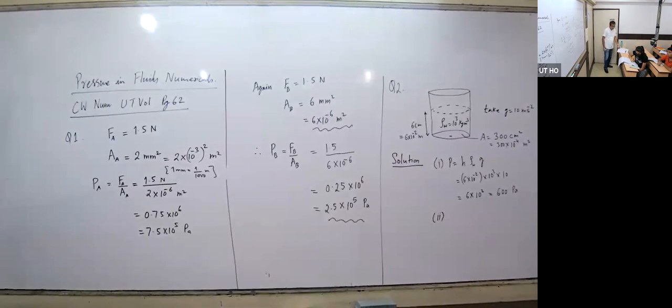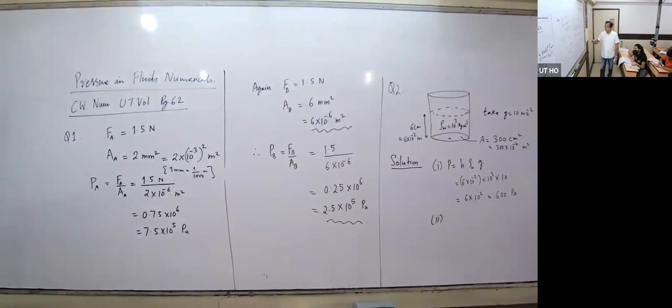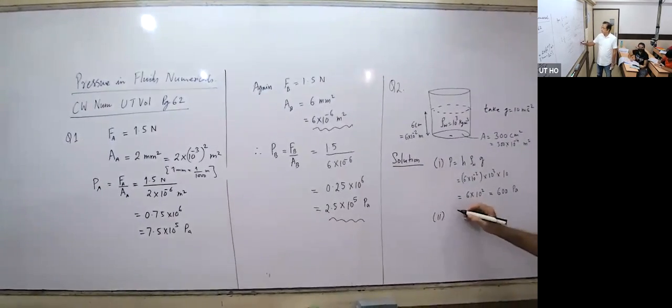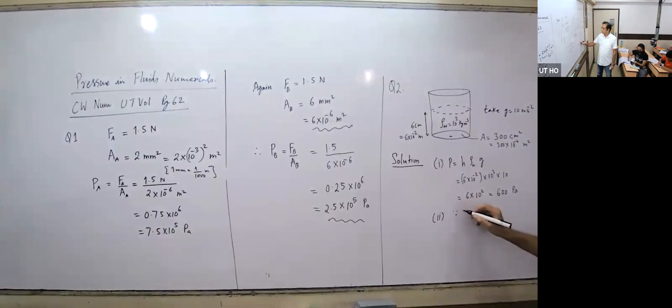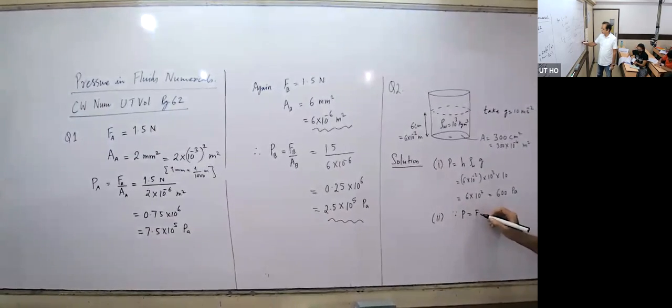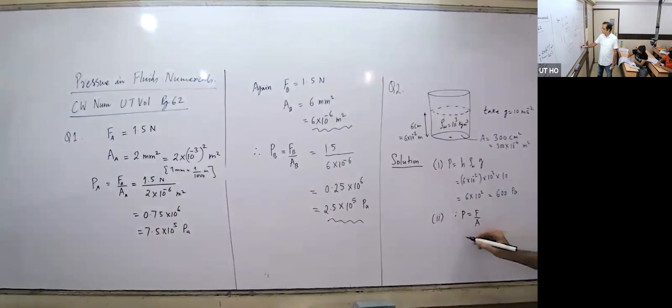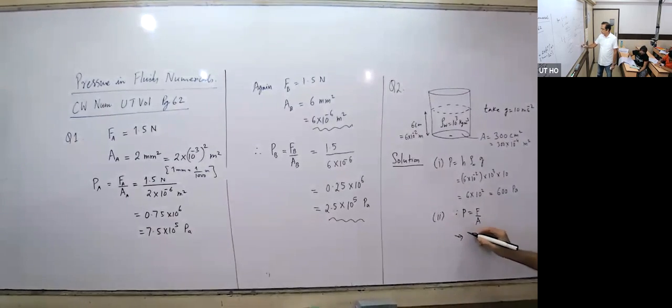Next is going to find thrust. So what is thrust? Since pressure is equal to thrust upon area, this gives us thrust.